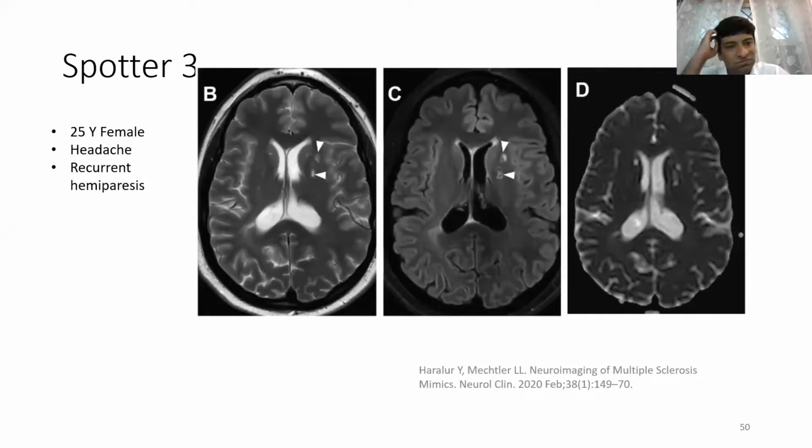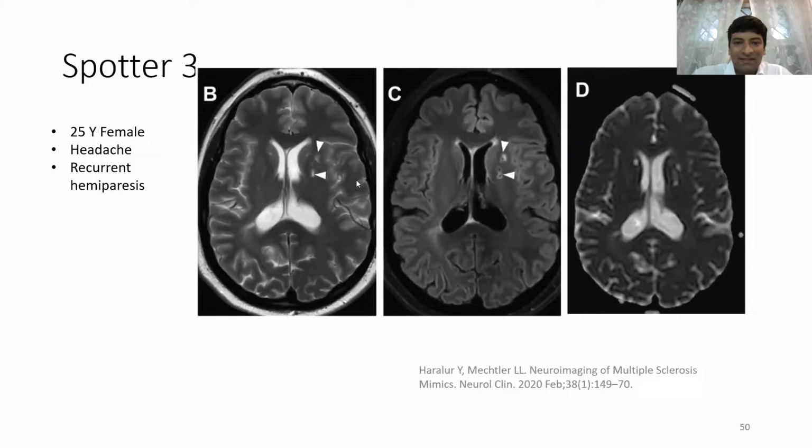Okay, so this is a young woman who presented with a headache for a few months and then has had more than one episode of a stroke. Okay, so what do you think this patient has? So this is a diffusion scan.